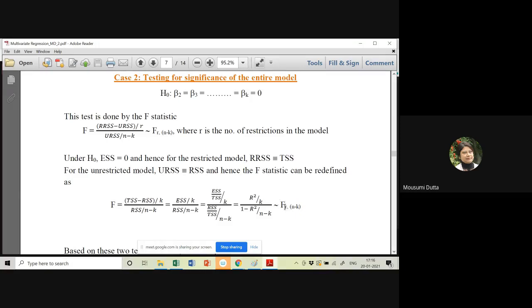So F can be calculated on the basis of multiple R square only. If you are familiar with the regression output in Excel, I'm not talking about R or Stata, you have some idea that all these things come in a particular table, and this table gives you the idea about goodness of fit as well as overall significance of the model.